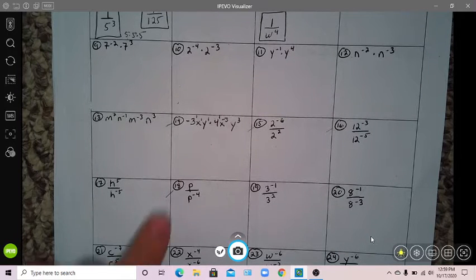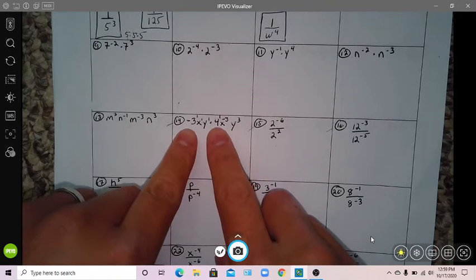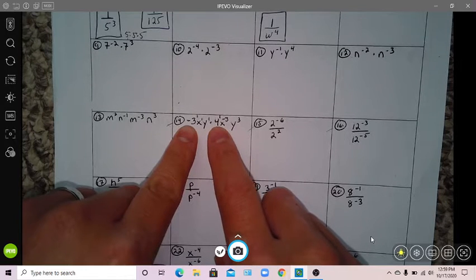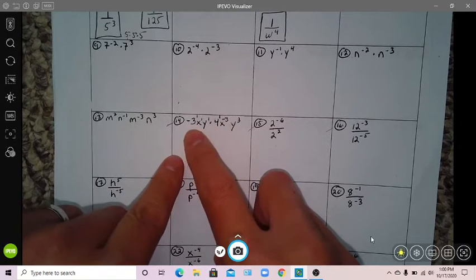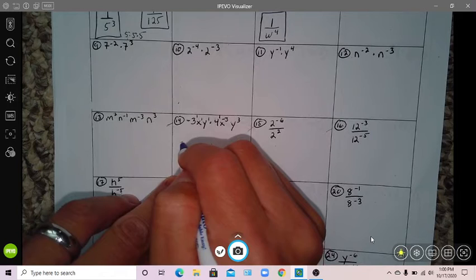Notice the negative 3 and the 4 are a regular old negative 3 and a regular old 4, not exponents. So they both have exponents of 1, and I want to multiply the negative 3 and the 4 together. Negative 3 times 4 gives me a negative 12.